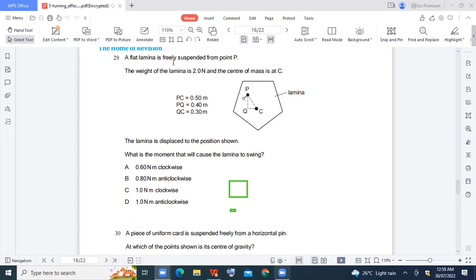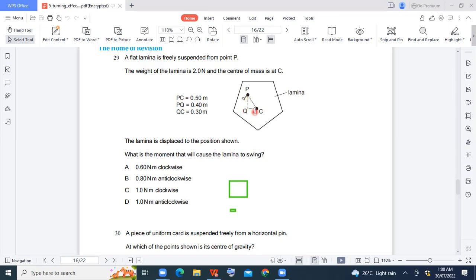A flat lamina is freely suspended. This is a lamina. The weight of the lamina is 2 Newton. Okay, the weight is 2 Newtons, and the center of mass is at C. It means 2 Newton would be here. PC is 0.5 meter. PQ is 0.40 meter.